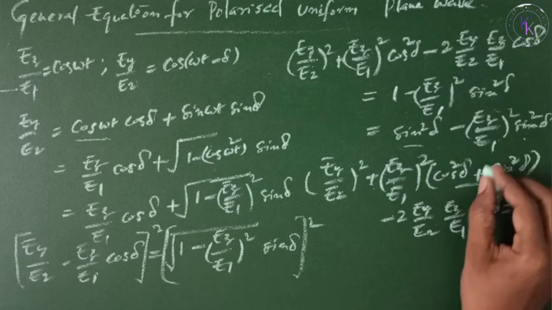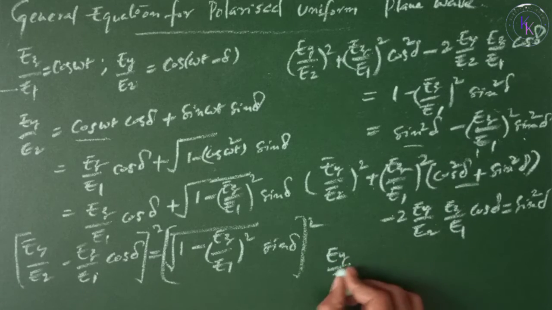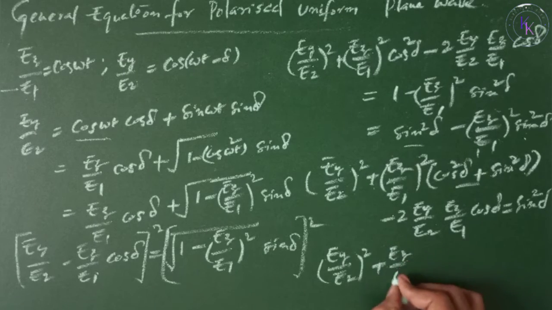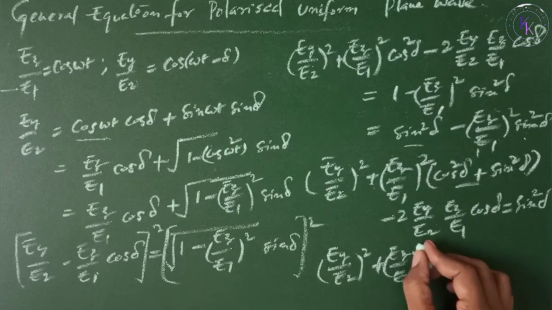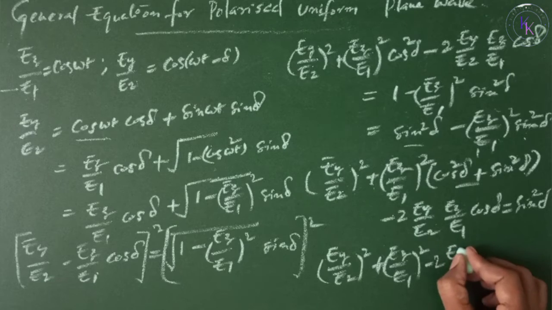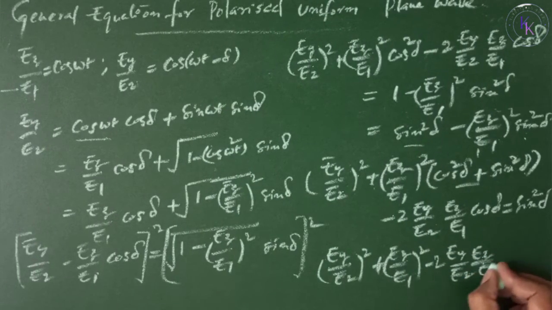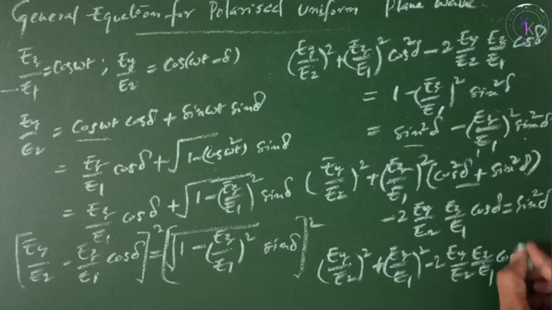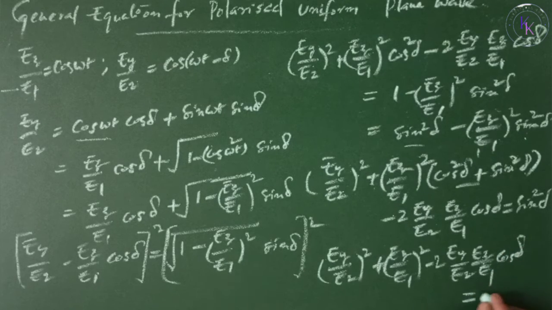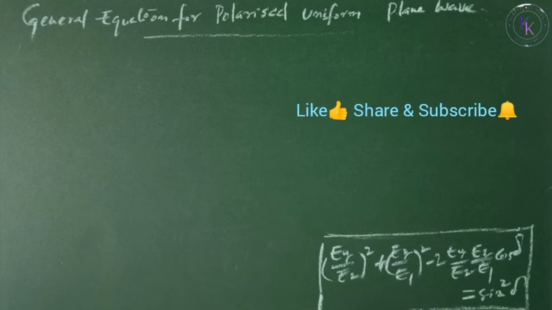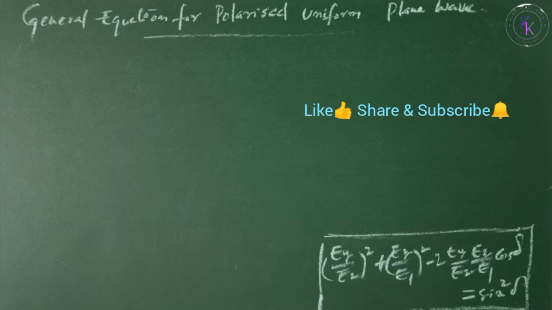Now this term is 1: (Ey by E2) whole square plus (Ez by E1) whole square minus 2 Ey by E2 Ez by E1 cos delta equals sin square delta.